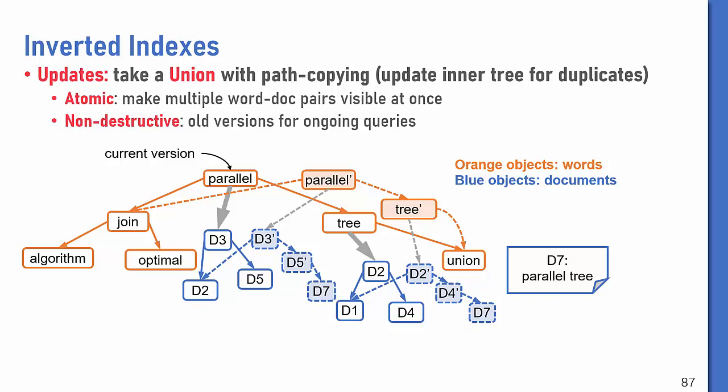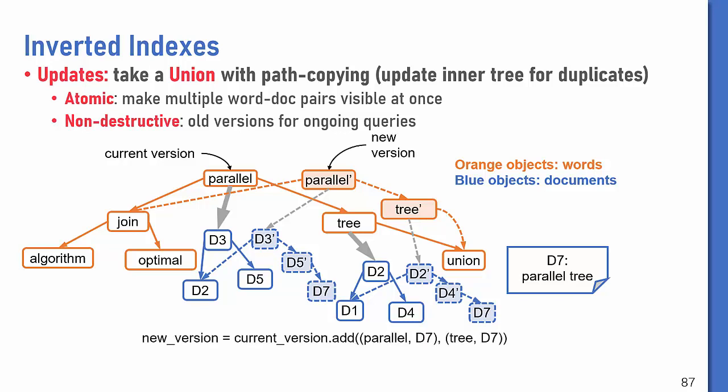For the two inner trees, we use path copying to add D7 to them, and in the outer tree, we also copy the corresponding paths related to parallel and tree, and let these two new tree nodes point to the new inner trees. And finally, we get a new root pointer, which is the new version. We change the current version pointer to the new version.